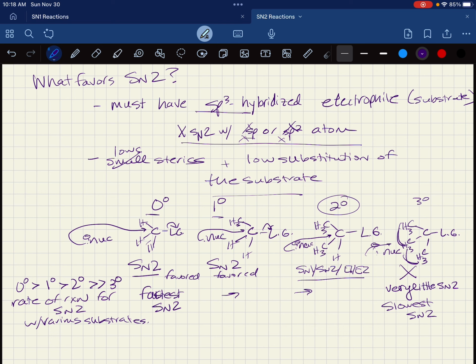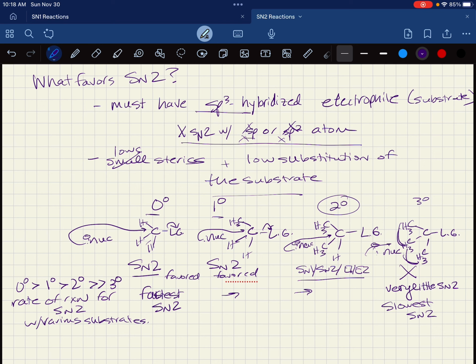This is where you're going to have to consider other factors besides just the substitution of the substrate. Is it a good nucleophile and a good base? Is it just a good nucleophile? What's the temperature? Is it a weak nucleophile? All of those sorts of things will come into play.